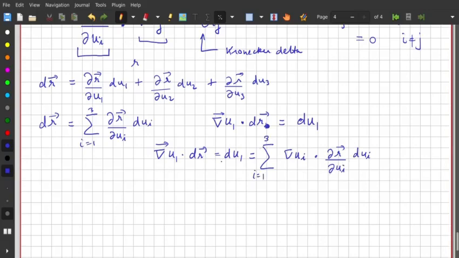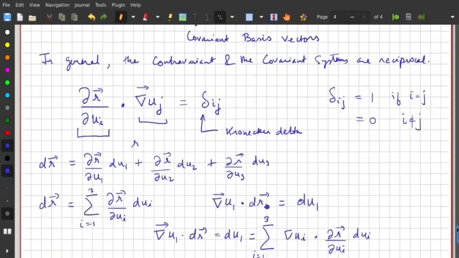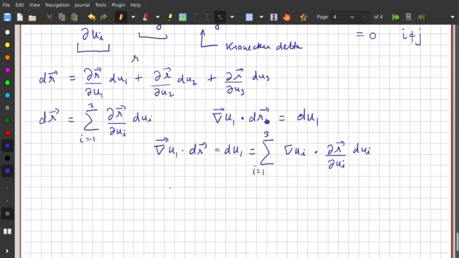Okay, so that's how we get the dot product of these two systems.